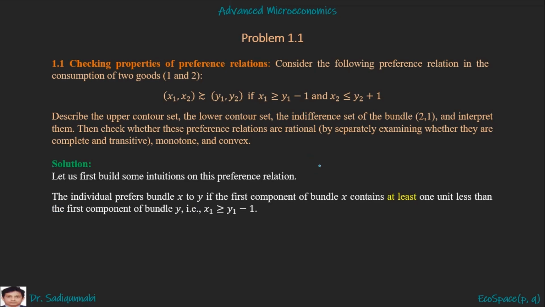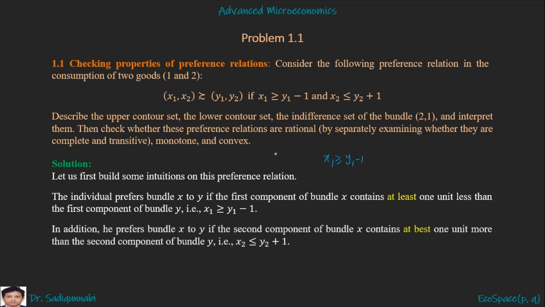So here the condition is x1 should be greater than or equal to y1 minus 1. The second condition is that the second component of bundle x contains at best one unit more than the second component of bundle y, so x2 should be less than or equal to y2 plus 1. These are the conditions for this preference relation.